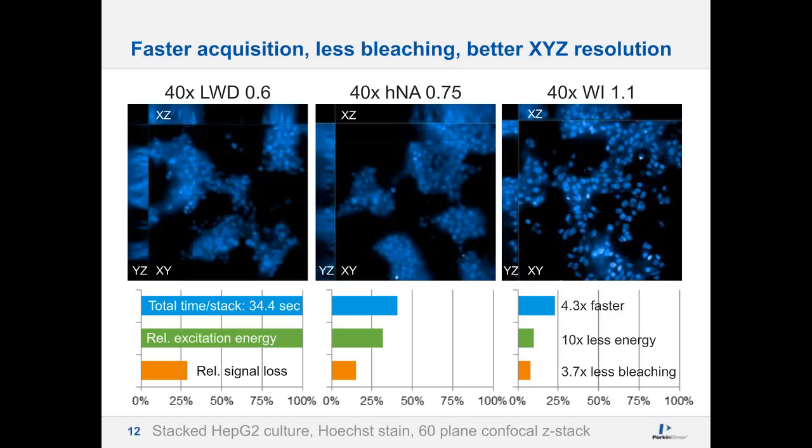When we move to a higher NA objective, we can reduce the excitation energy, so exposure time times power setting, significantly to maybe 30% of what we used before. We will reduce the bleaching, and the time to acquire the stack becomes significantly shorter. So this is possible with an air objective.